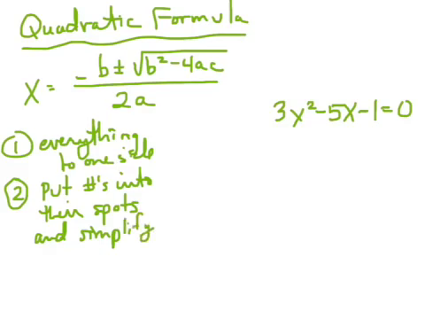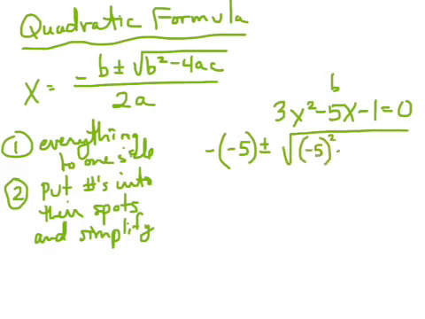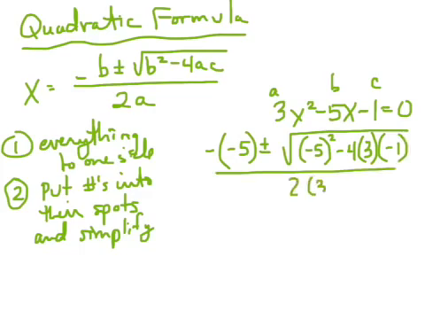So minus, and then in the B position right here is a negative 5. Plus or minus the square root. Negative 5 is still the B, minus 4 times the A position, which is the 3, times the C position, which is negative 1. All over 2 times A.